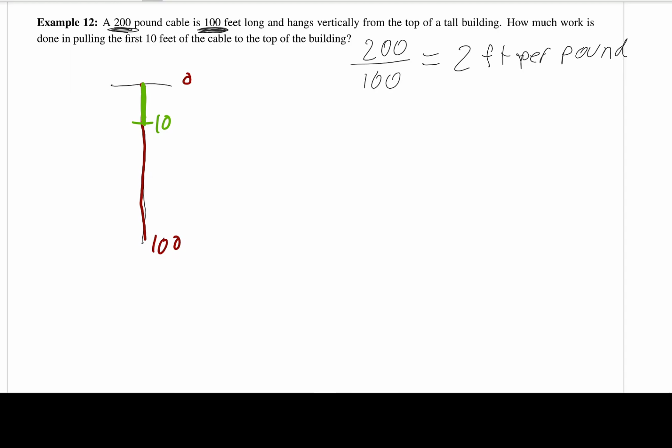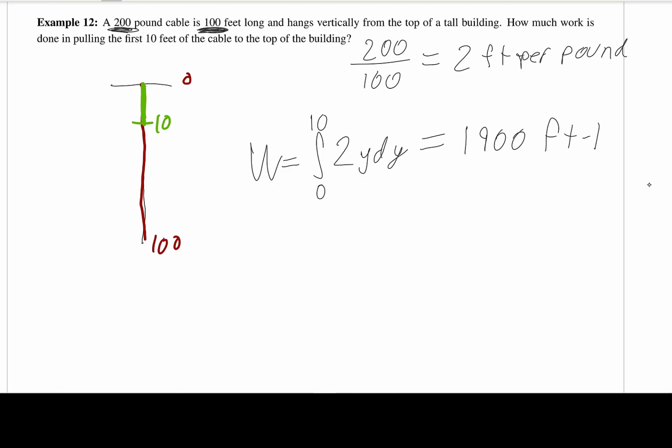Okay, so then my work is going to be the integral from 0 to 10, since we're only concerned about that portion of the rope, of our weight per unit times y dy, giving us 100 foot-pounds.